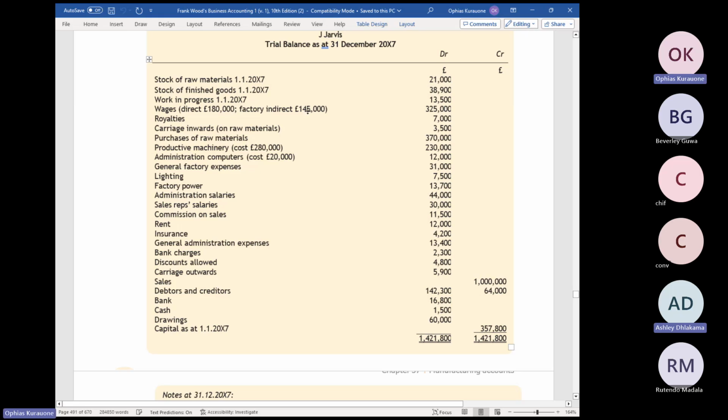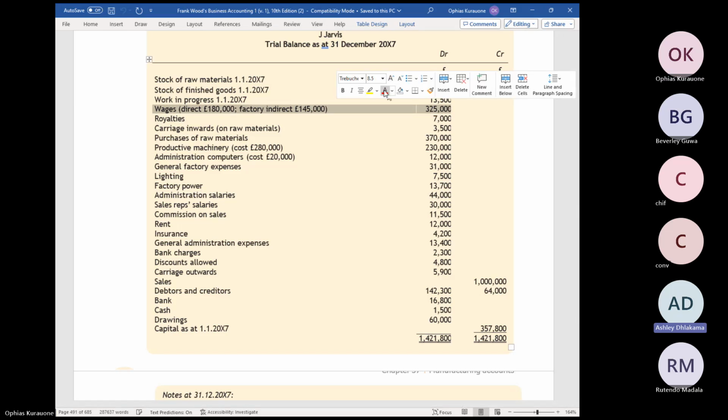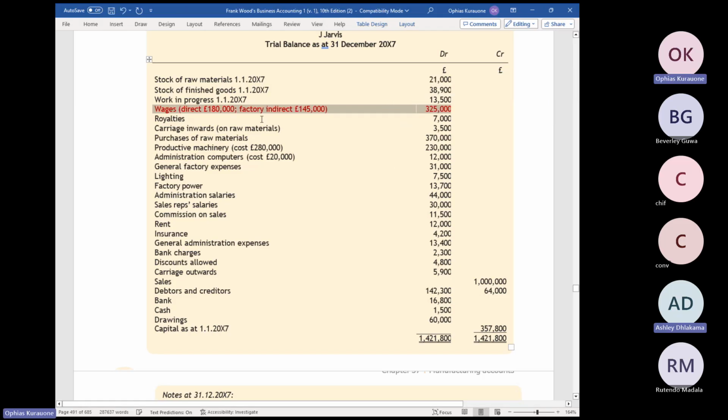You add 145 plus 180, it comes to 325 because they are direct wages and factory indirect.